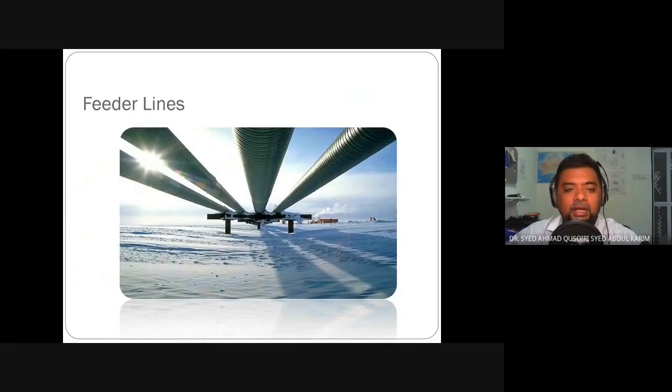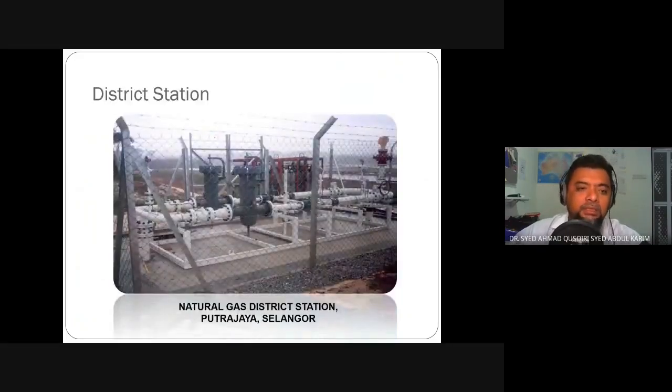The feeder lines, the pipes that are being used to distribute the gas. The district station, it's a very simple facility. In this case, it's a gas district station for the entire Putrajaya. So a small facility like this is able to serve an entire district.